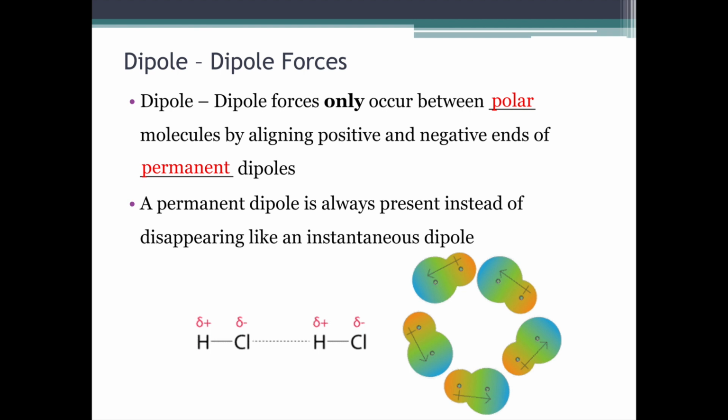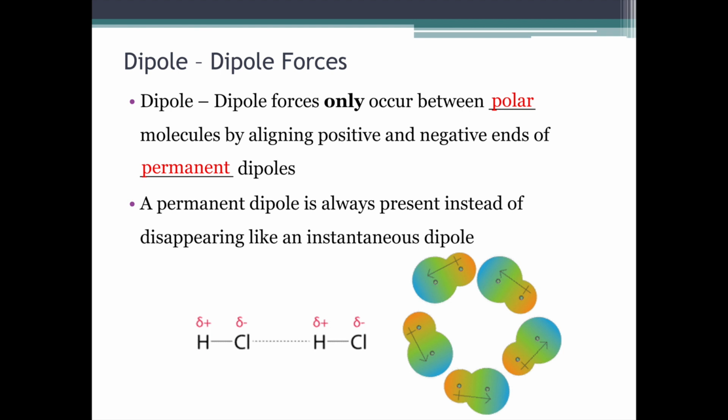Remember, electronegativity is the ability to gain electrons. Looking at HCl, chlorine has a much higher electronegativity than hydrogen does. So chlorine ends up pulling more of the electrons towards itself, leaving hydrogen slightly positive. We studied this when we looked at the polarity of molecules.